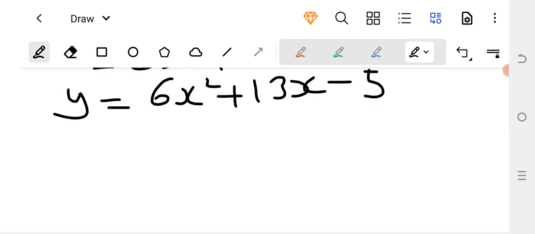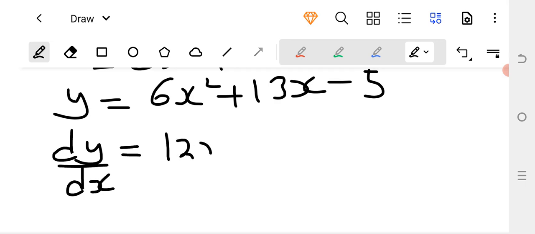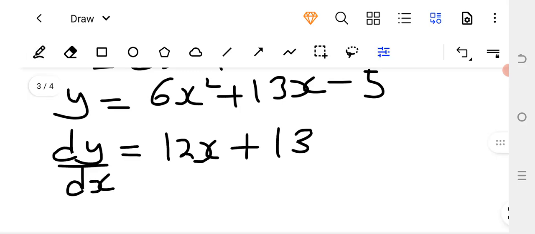but this is the best. You differentiate this one now, you're going to have dy dx is equal to 12x plus 13. I hope we know how to do a basic differentiation, because this differentiation is even required in your mathematics. If you do not know differentiation, then this one also becomes difficult.